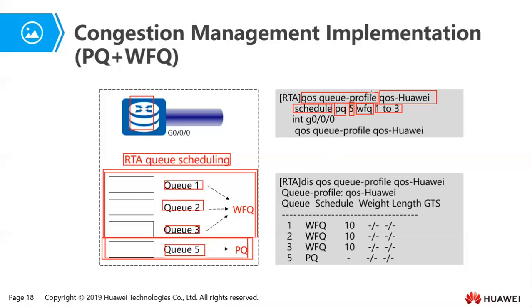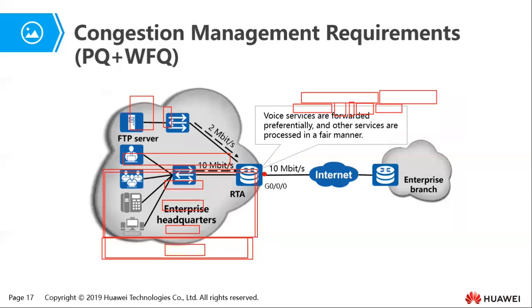After we've created this queue profile, we now need to apply it on the interface, on the egress interface, G0/0/0. Let me go back to the topology to check.